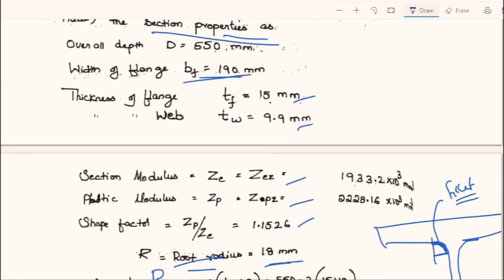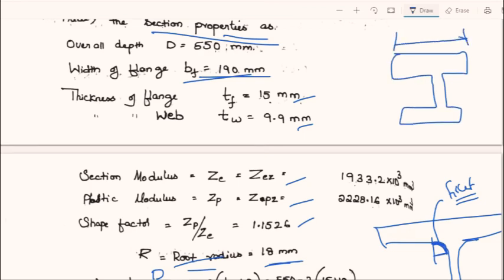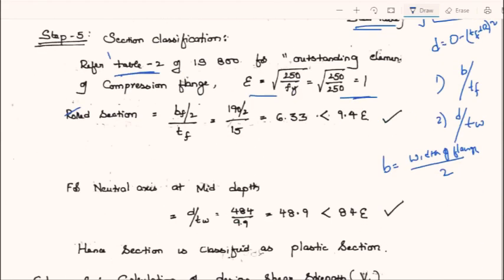From this, bf is equal to 190 mm and half is b. So b is bf by 2, 190 by 2, and tf, thickness of the flange, is 15. So the value calculated is 6.33, which is less than 9.4, right? Epsilon is 1, so it is less than 9.4. So satisfied. Now check the second condition also.